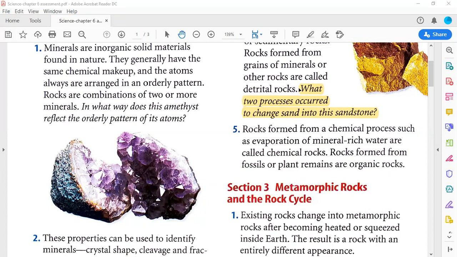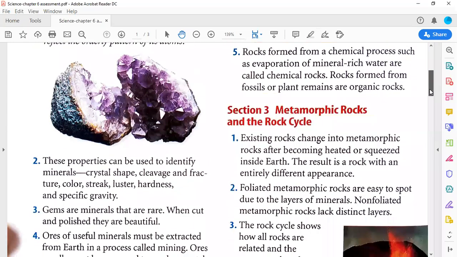Thank you very much. So we have another type of sedimentary rock, which is organic rocks. It says that some rocks are formed from a chemical process, like evaporation. All right. So these are called chemical rocks.